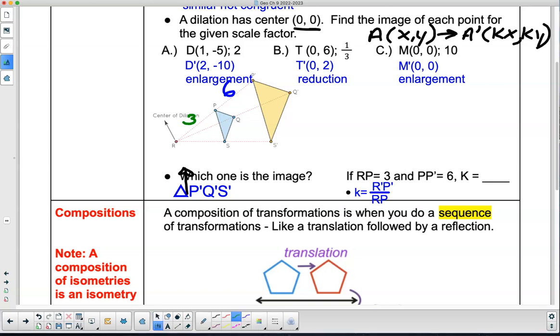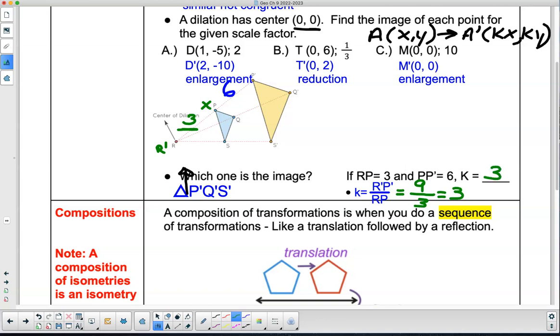So we put our primes on top when we're finding our k value, but keep in mind, our center is not only R, but it's also R prime. So I have my distance R prime P prime is 3 plus 6, which is 9. And then I have our distance RP, which is just 3. So k is equal to 3 overall.